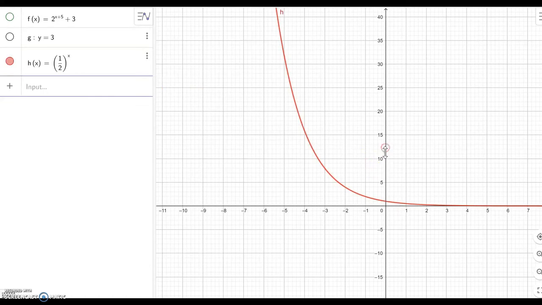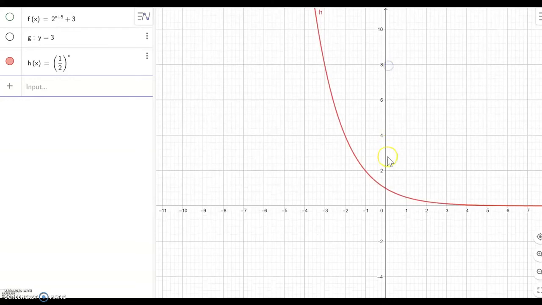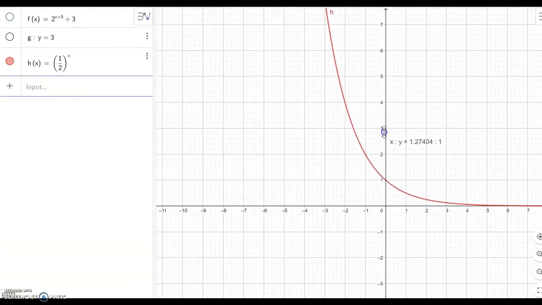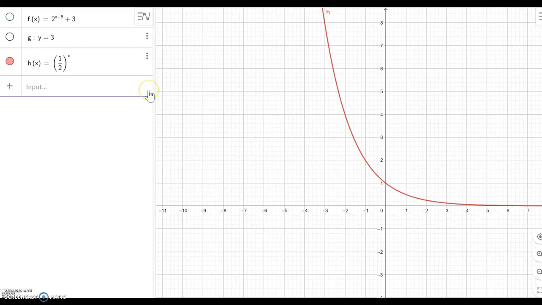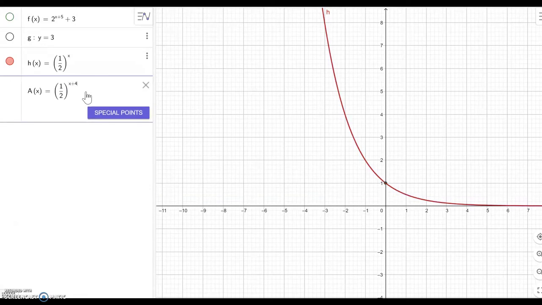I'm going to zoom in more so we can see a little better. Yeah, that was the original (1/2)^x graph, and then I'm going to make our question, which is (1/2)^(x+4) power, and then minus 3.